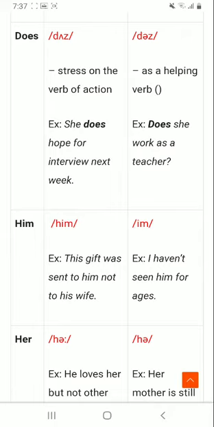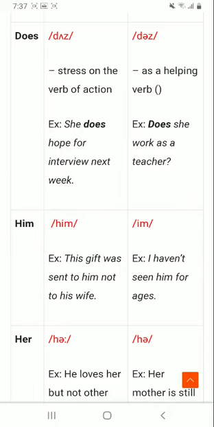When I am supposed to direct to the person, that is the strong form. This gift was sent to him, not to her. So from one to the next is called the stronger form. So there him stands for the stronger form.